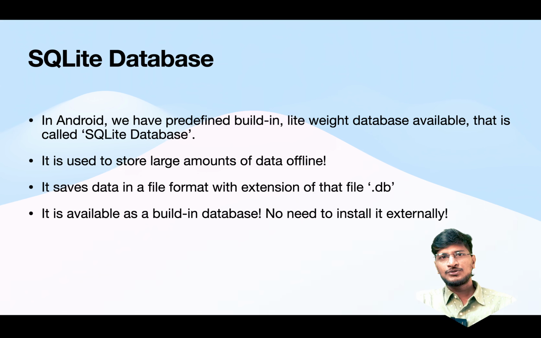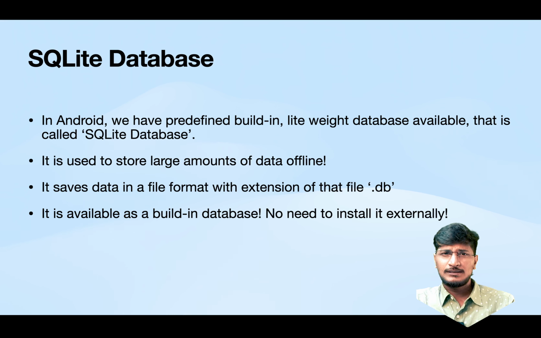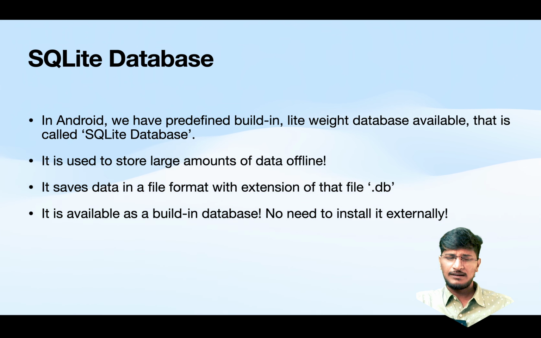It is used to store a large amount of data offline. The data is saved in a file format, and that file has the extension .db. Again, you don't need to install it. It comes built-in with every Android device, every Android OS.